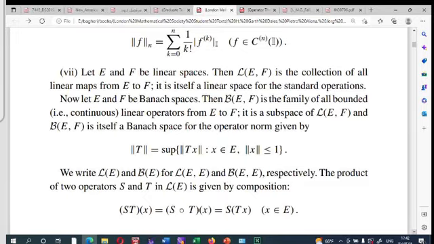Let me express this example too. Let E and F be linear spaces.